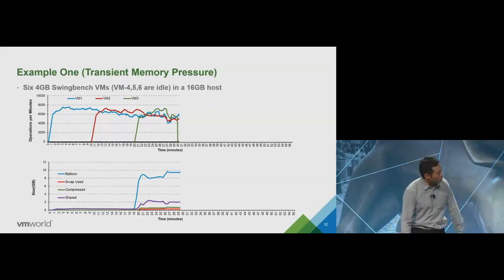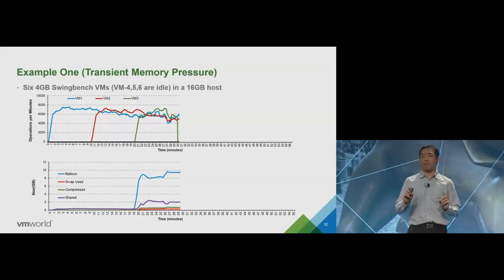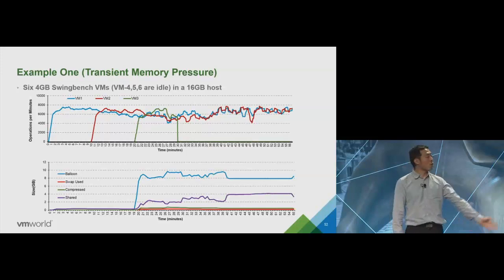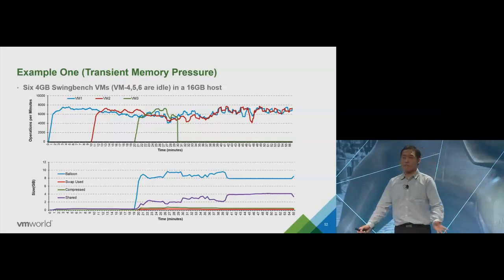At this moment, the host memory is overcommitted. As you can see, we show a big jump in the ballooned memory and some shared memory, because memory is overcommitted. But since VM3 only runs for 10 minutes, after VM3 finishes the host memory is no longer overcommitted. Yet if you look at the counters, the ballooned amount and the swapped amount stay the same.